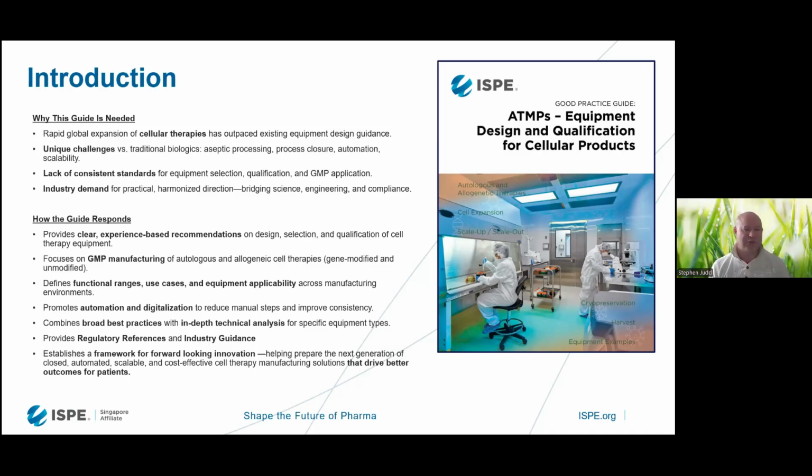We had a good discussion when we were developing the guide on this, and it was felt that we couldn't write a guide on cell therapy equipment without actually discussing the equipment. So this is why we have taken this approach, and the reason that the comprehensive listing of equipment is included is because the equipment is quite unique to this particular industry sector.